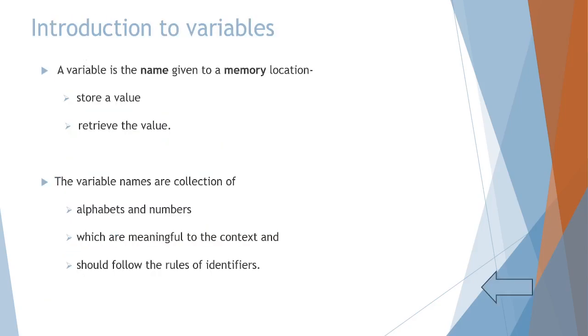Now, a variable is the name given to a memory location to store a value, to retrieve a value. For example, our brain can store different values in different memory locations.